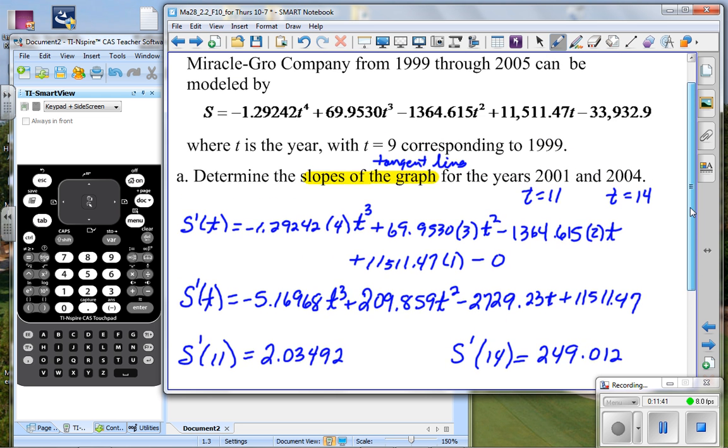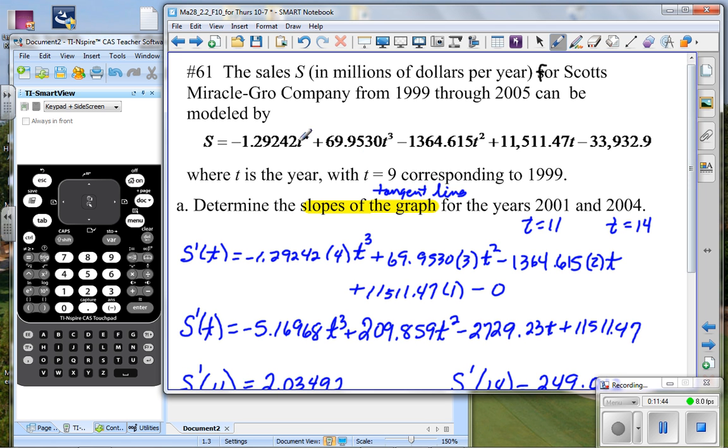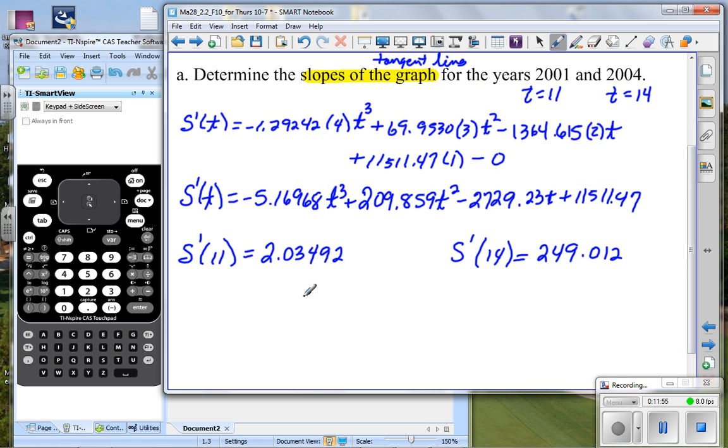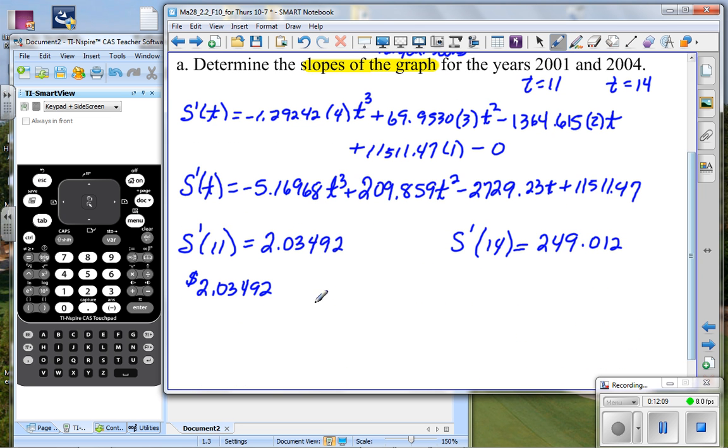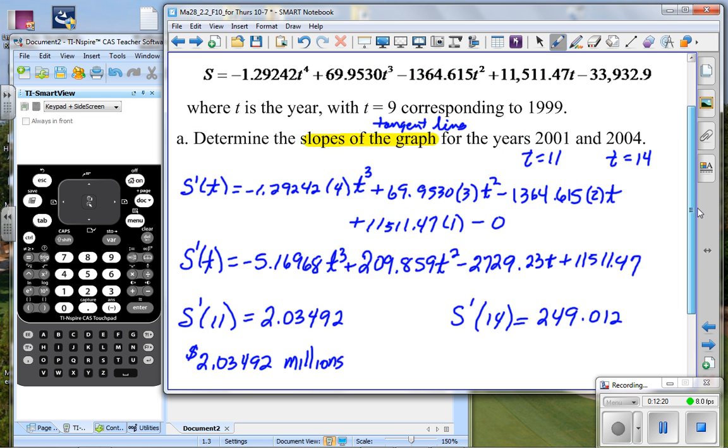If this is the model of sales, it would tell me how much the sales were in any year. If I put 11 in there, it'd tell me how much money in sales the company had. The derivative, though, is a little different. This would be interpreted as 2.03492. Now remember, we're talking about millions of dollars, so this would be millions per year. Is it annual?